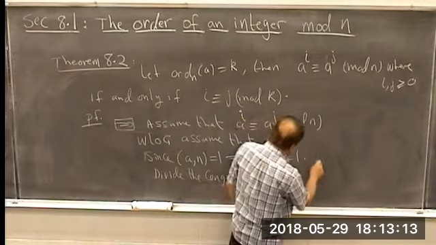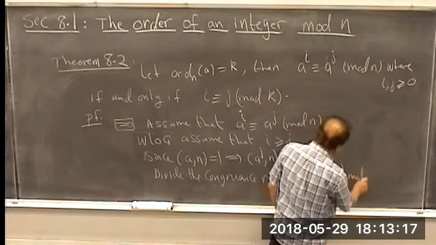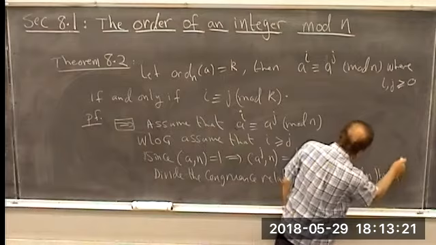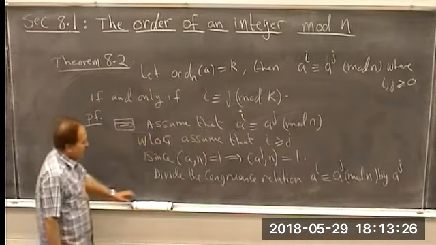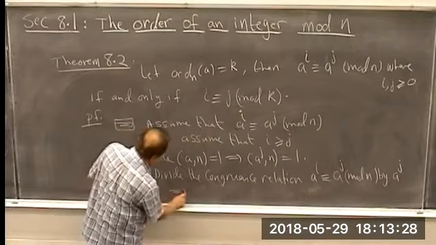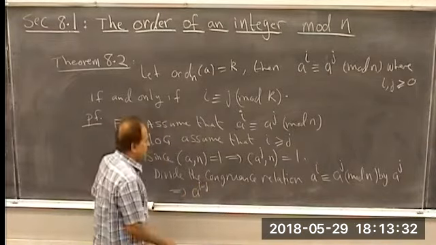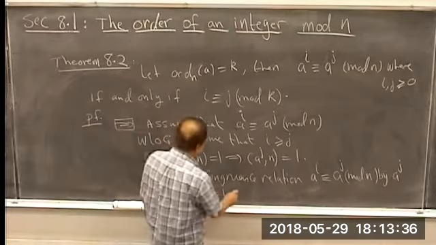which is a^i congruent to a^j mod n, by a^j, the smaller exponent there. All right? And this would imply that a^(i-j), which is a positive exponent, and then the other side is cancelled out, mod n.